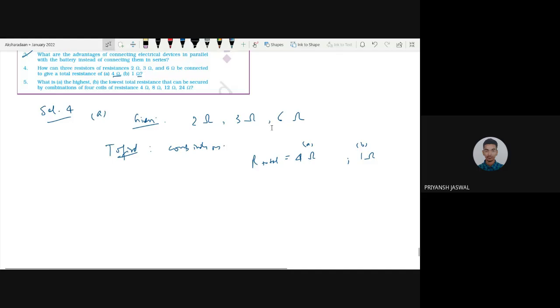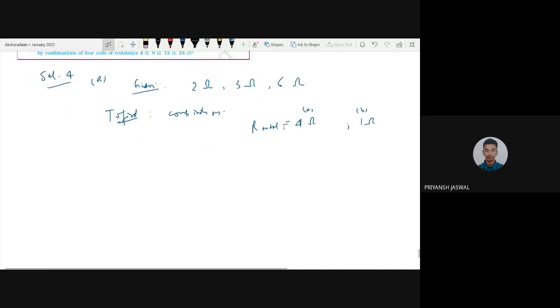So we have two different ways to connect the resistances, that is series and parallel. So let's try out how we can make this much resistance. If we connect 6 and 3 in parallel, let's see how much resistance we get.